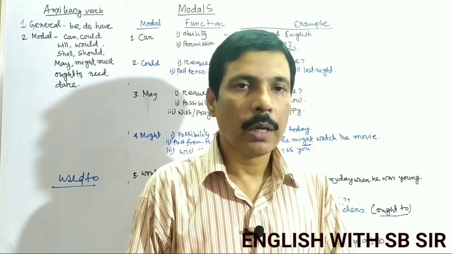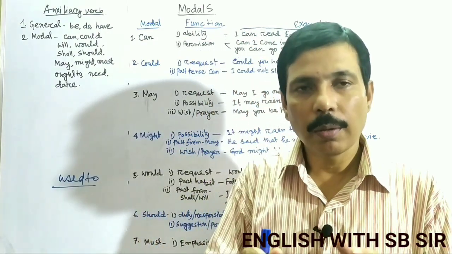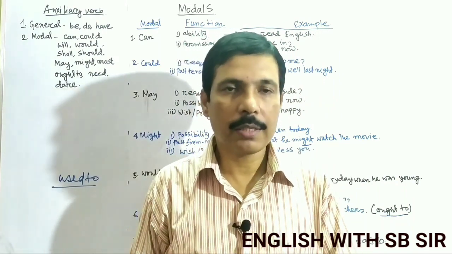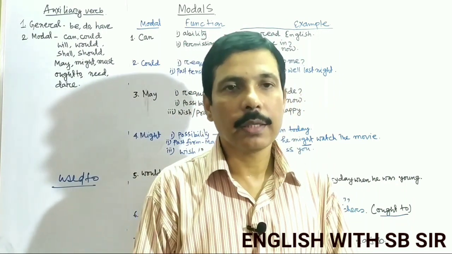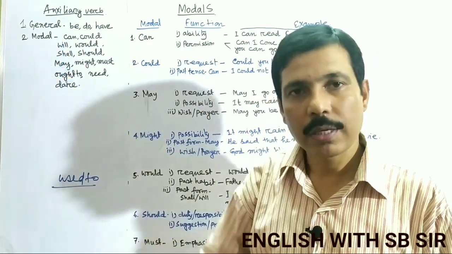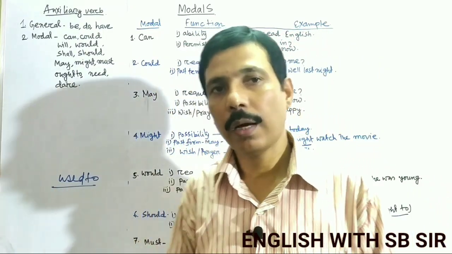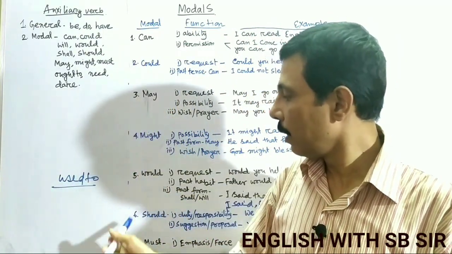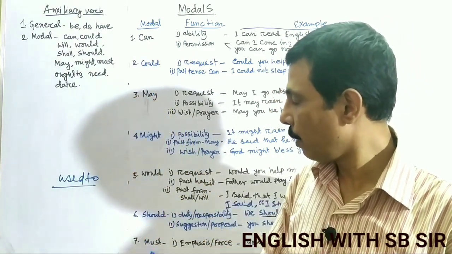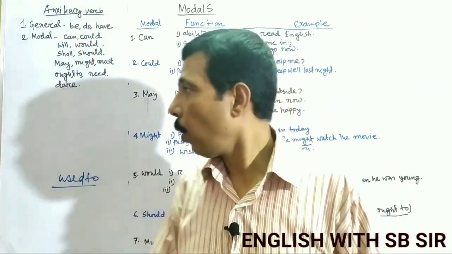So in this video I have explained what modal auxiliaries are, what the difference is between general auxiliaries and modal auxiliaries, what the auxiliary verbs are, the list of some modal auxiliaries, and also how some modal auxiliaries are used. One: can, could, may, might, would, should, must, and I have also told here will, shall and ought to.